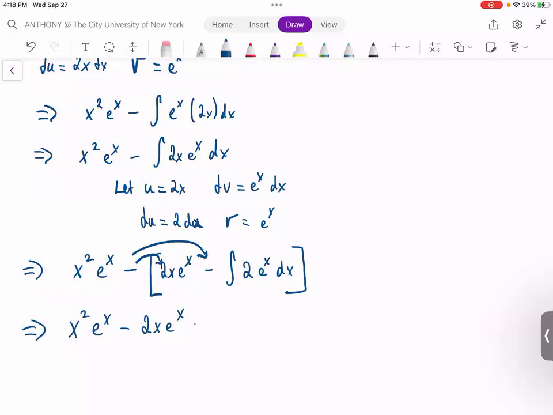So it becomes positive 2, and then the antiderivative of e to the x, which is itself, plus c. All right, just remember this was an indefinite integral, so therefore I need to have the plus c at the end. And that would be my solution. Okay?